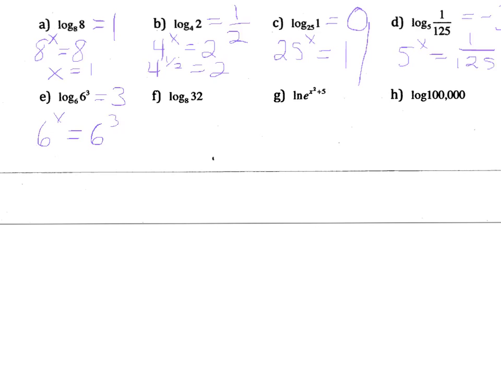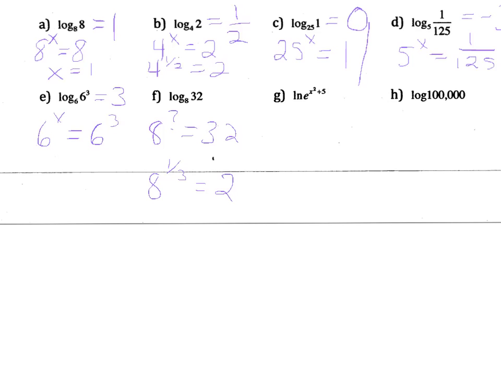For number F, we have 8 to the what power equals 32. In this case, you can't raise 8 to a whole power to get 32, because if you raise 8 to the second, you would get 64. So what we have to think about doing is shrinking it first. So we could raise 8 to the 1/3 first, because that is the same as cube rooting 8, which would give us 2.